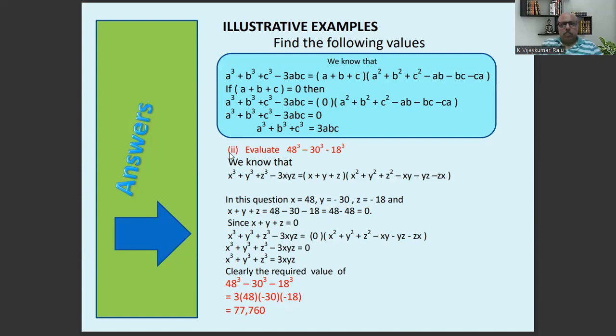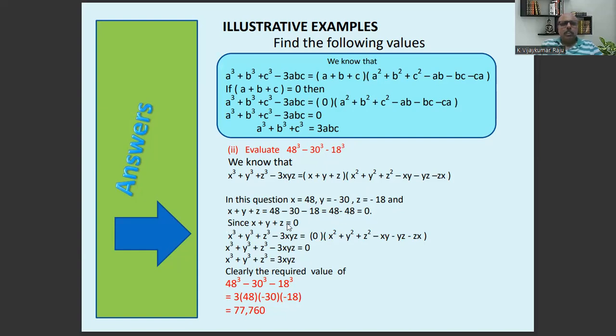Okay. Now, let us evaluate the value of 48³ − 30³ − 18³. Now, if you see this, we know that x³ + y³ + z³ is this identity. In this question, x is 48, y is −30, and z is −18. So x + y + z is 48 − 30 − 18. That is 48 − 48, that is 0.